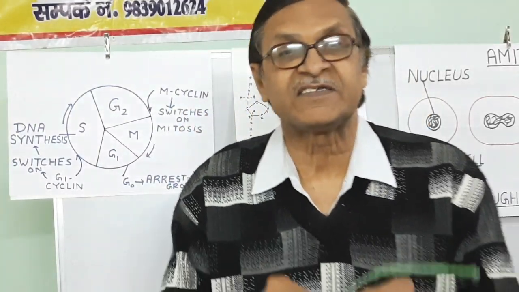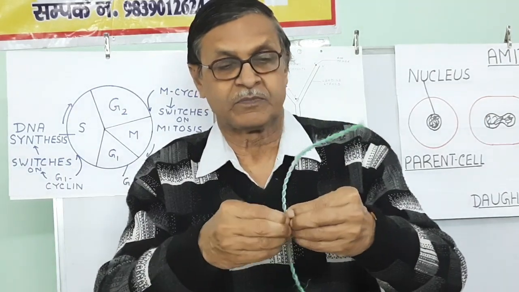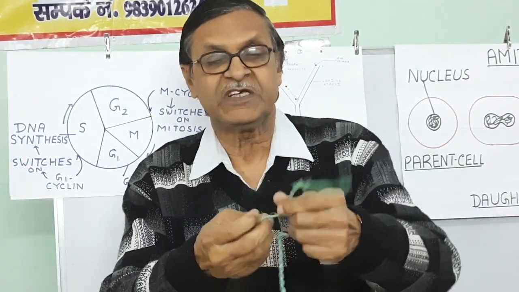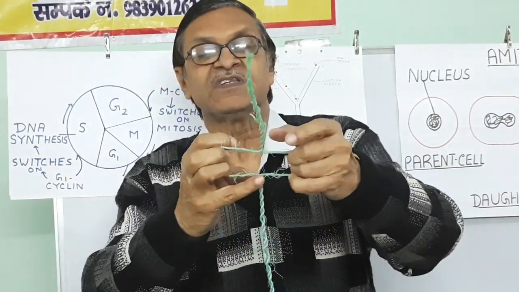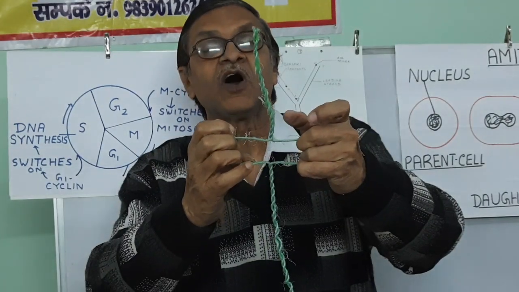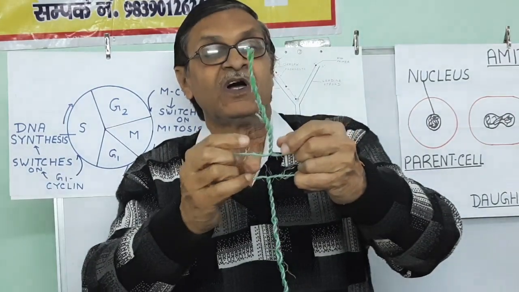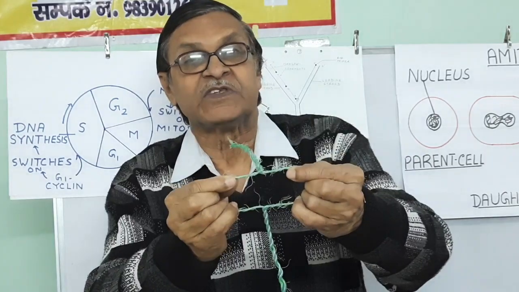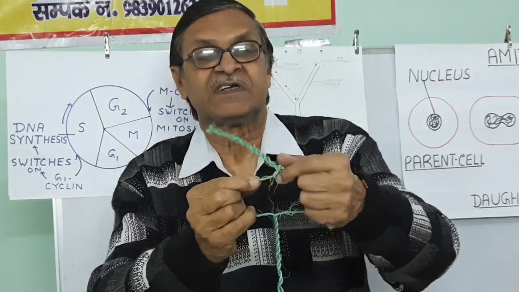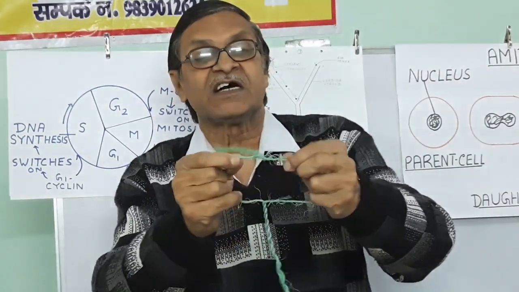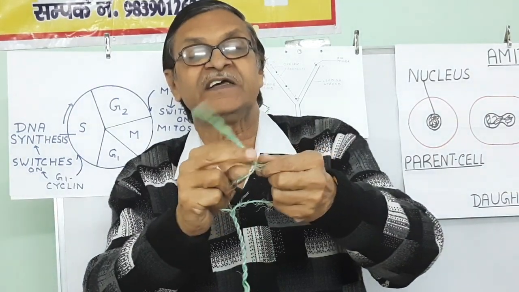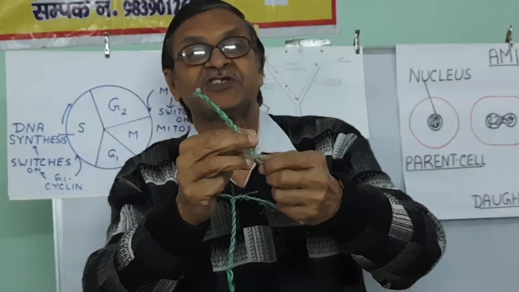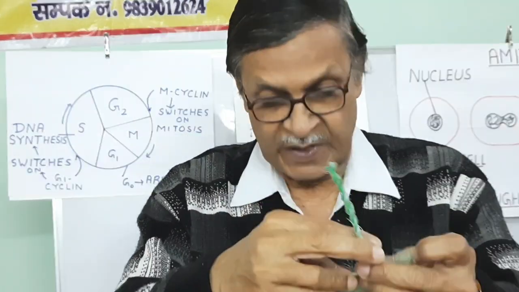The two helices separate from each other. But you see, after some time, both these ends cause an inhibition in further opening of this. So what happens? When this stage occurs, the two strands are separating, and here there is a twist.